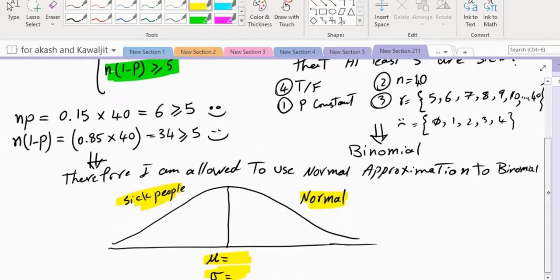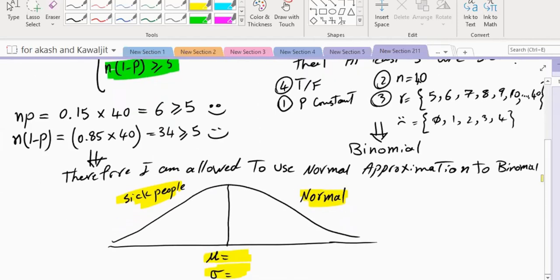The mean, very good. So you argue that my normal distribution should have a mean that is similar to the mean of the binomial distribution. The mean of my binomial distribution was np, which is 6. Okay. What should be the standard deviation of this normal distribution?